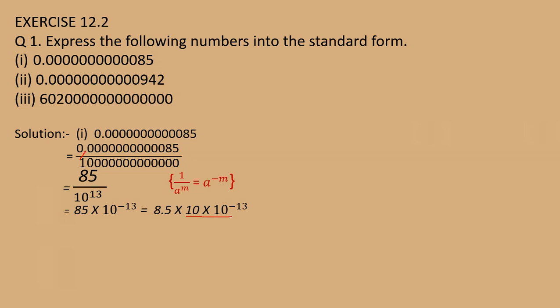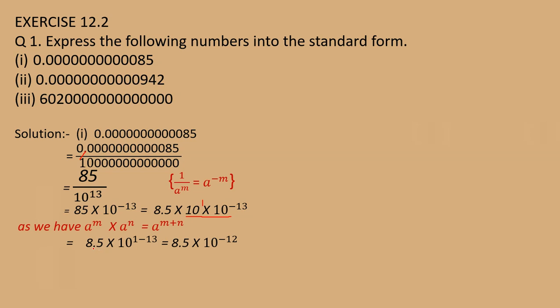Both the bases are the same, and the exponents are minus 13 and 1. So by the laws of exponents, we know that a raised to the power m into a raised to the power n, where the bases are the same, the exponents will be added. So it will become a raised to the power m plus n.